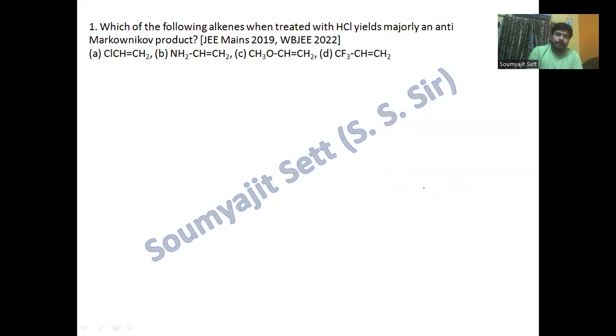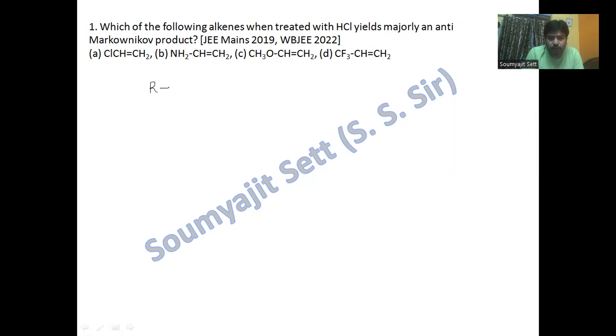See the first one. The question is, which of the following alkenes, when treated with HCl, yields majorly an anti-Markovnikov product? Now let's see the reaction at first.